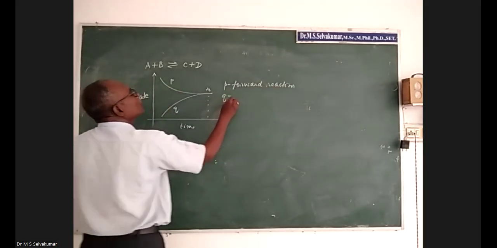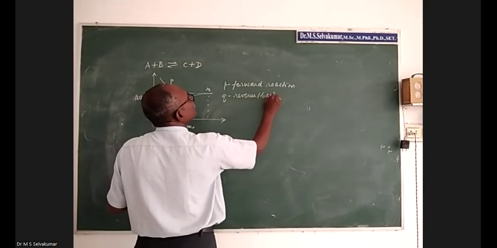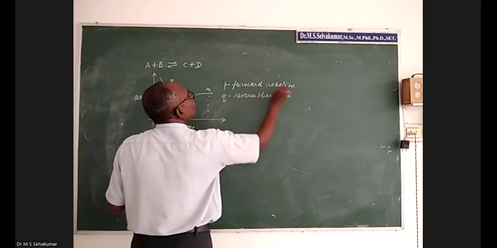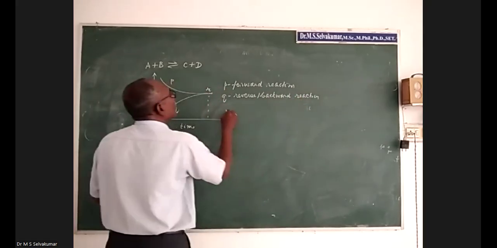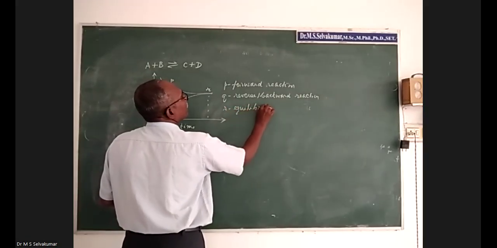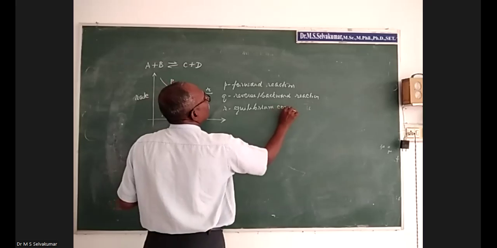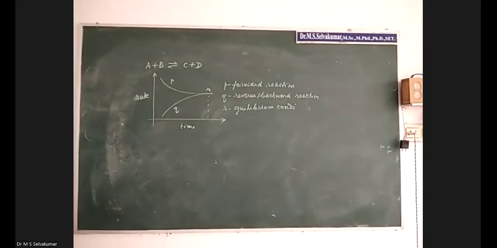And Q speaks about reverse or backward reaction. R is equilibrium condition. Clear?